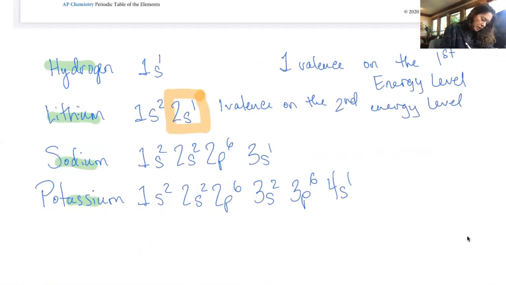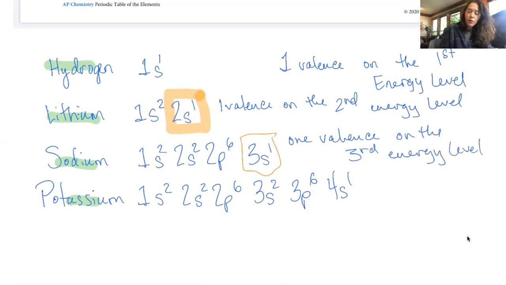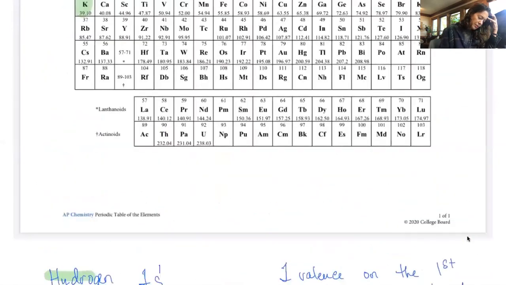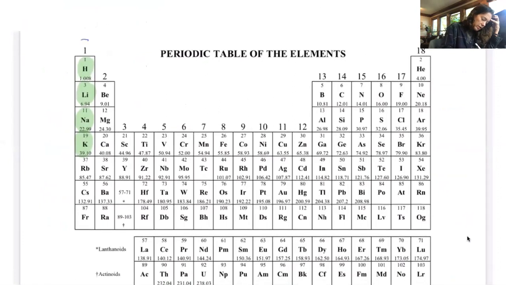Sodium has 1 valence electron on the third energy level, all right? And then potassium has 1 valence electron on the fourth energy level, all right? And it just so happens that they all reside in group 1, okay?